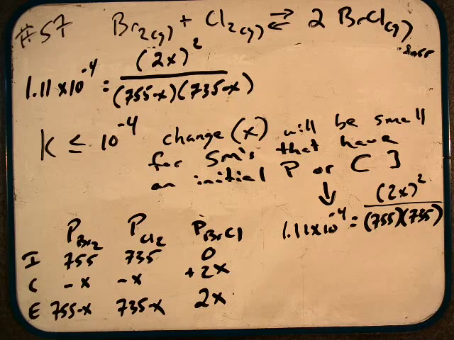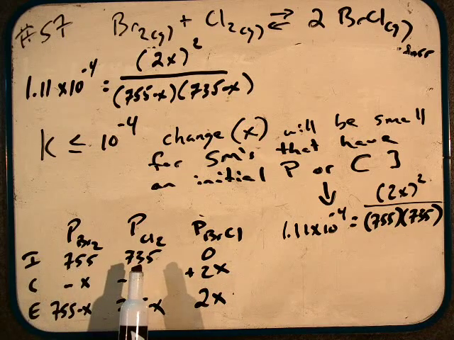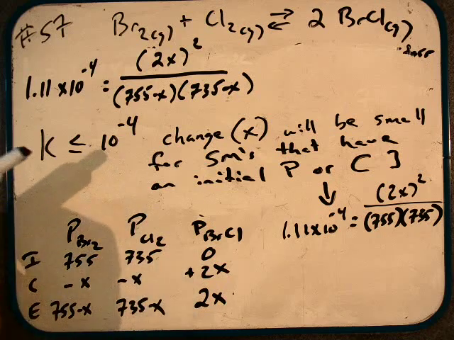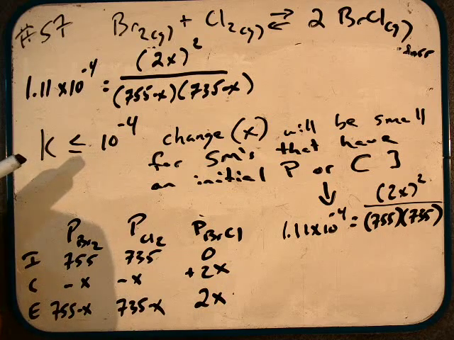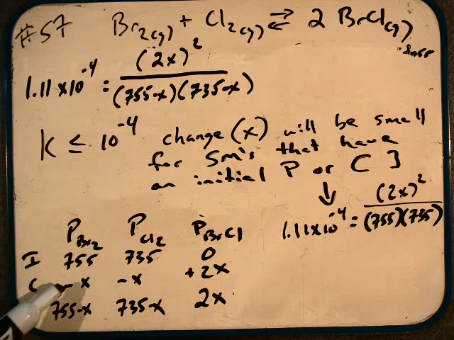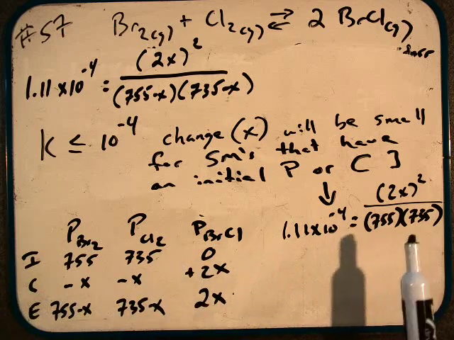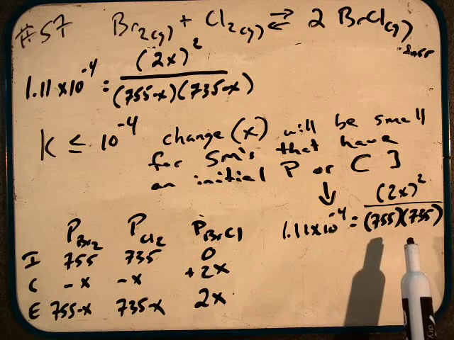Again, the reason is because we have a large pressure for our starting materials and our equilibrium constant is really small, which means our starting materials are favored. If our starting materials are favored, that means the change is going to be very small compared to that initial pressure, and as a result we can assume it's negligible.